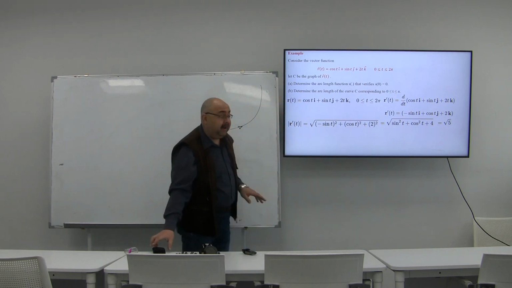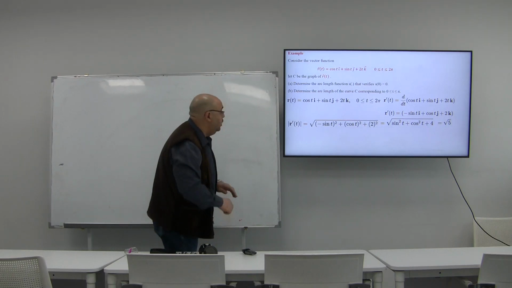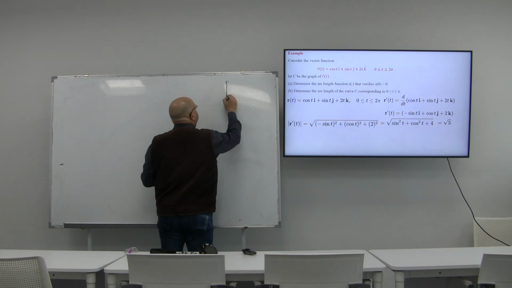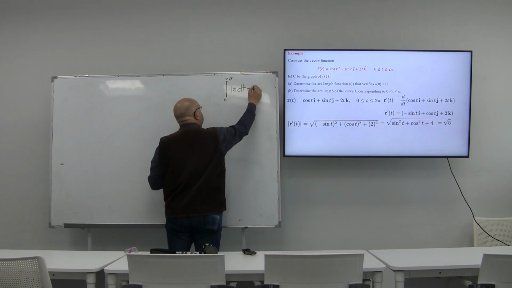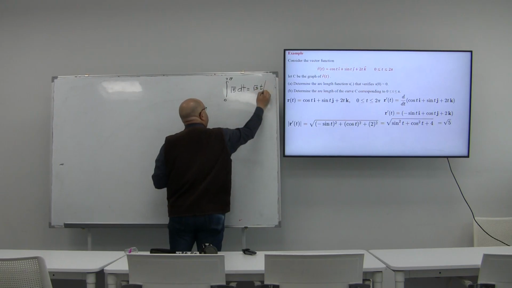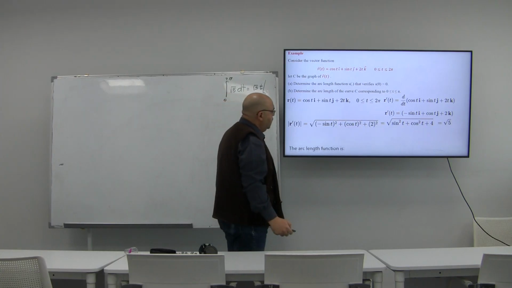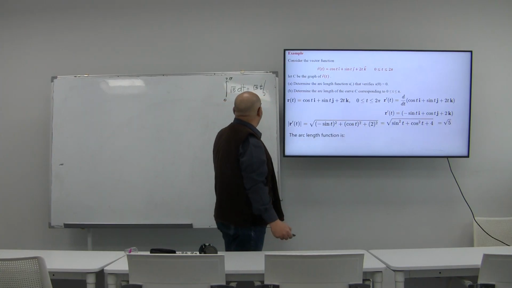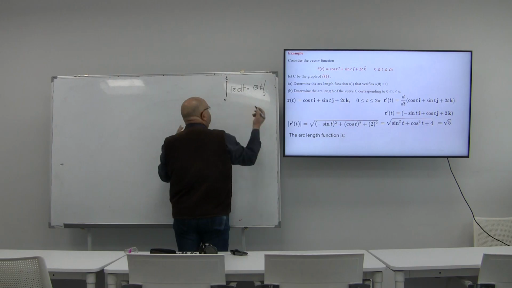So now the formula for the arc length of the curve is going to be really very simple. All I have to do is just integrate from 0 up to 2 pi the magnitude of r dash, which is root 5, with respect to t. So you will end up having root 5 t, then start making your substitution. For the arc length function, I'm not going to use the boundaries from 0 to 2 pi. I will use the boundaries from 0 up to t to get it as a function.